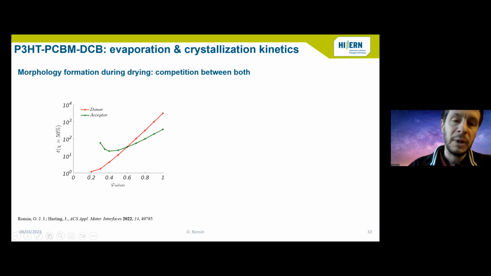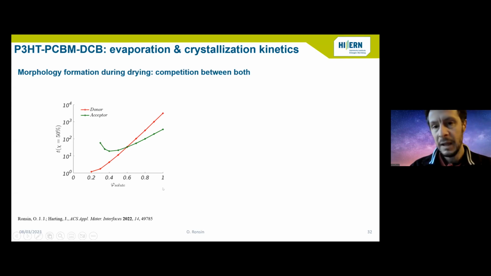And you can end up, for instance, with these curves for the donor, P3HT, and for the PCBM. Crystallization is faster in a dilute solution because kinetics is faster, up to a certain point where the thermodynamic driving force is not enough for crystallization and you reach the solubility limit.